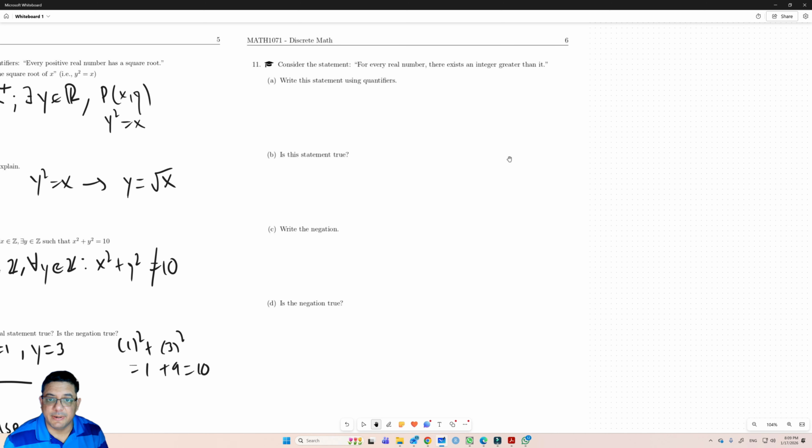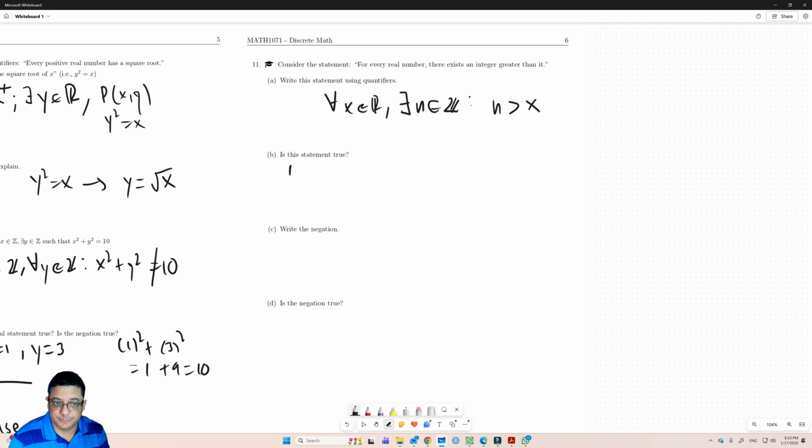Question 11 is: for every real number, there exists an integer greater than it. So there are two domains in here that we have to pay attention to, real numbers and integers. So for all x that belongs to R, there exists an n that belongs to the integers so that n is bigger than x. And this is actually true.